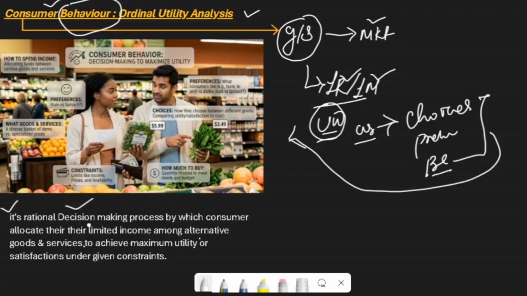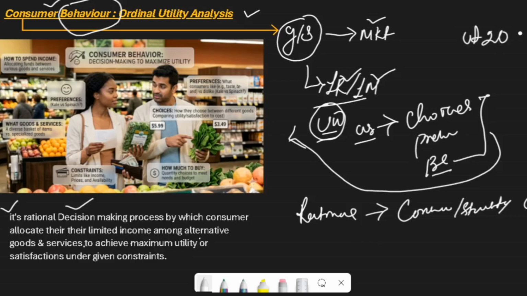So while we're talking about the rational decision making process, here we are talking about what is rational. It is basically the consistency and stability of the consumer, such as at the price of 20 rupees per kg of tomato, I purchase 5 kg.